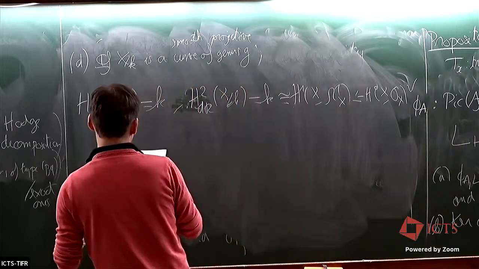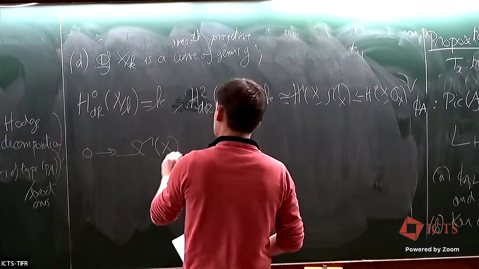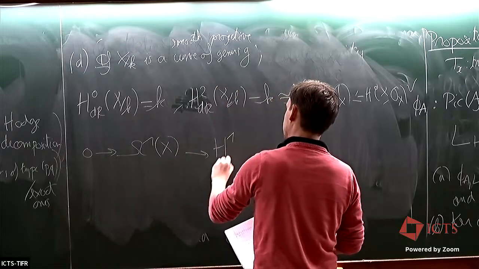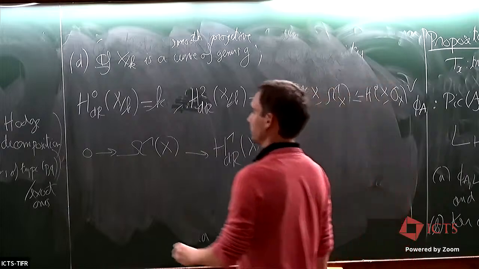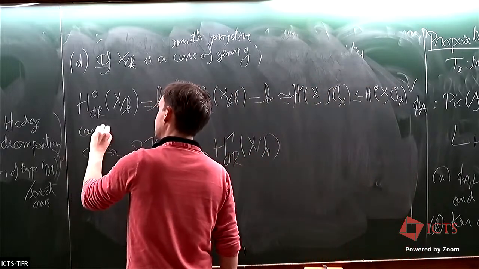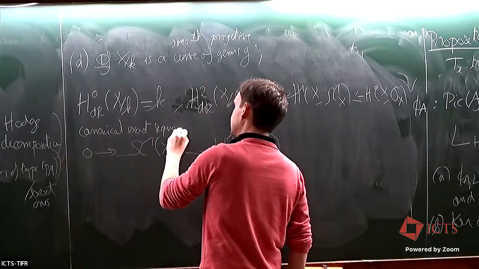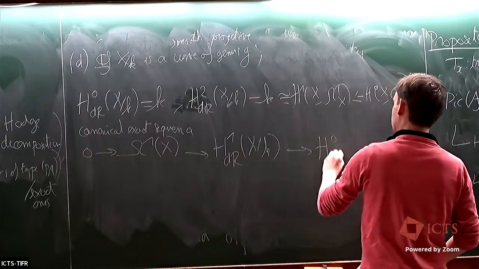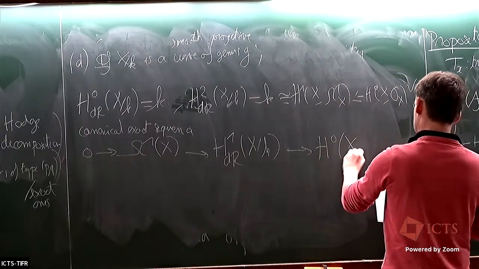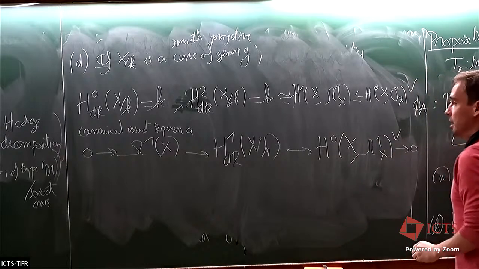The interesting one is the H1, and it's been already shown in previous talks. I have a canonical exact sequence here, from this space to H0(X, Omega 1) again, and then to 0.